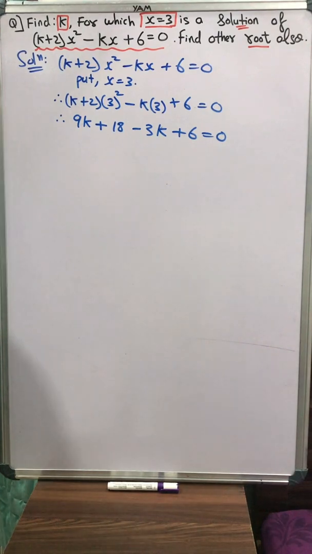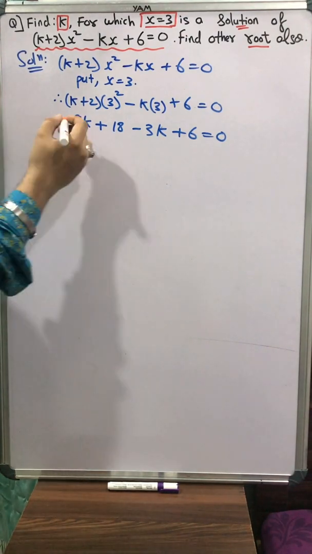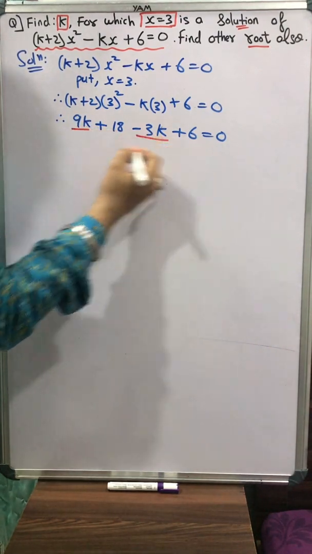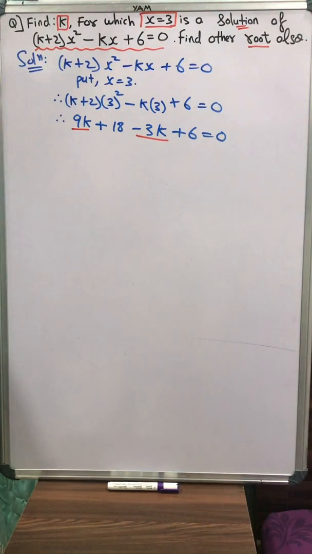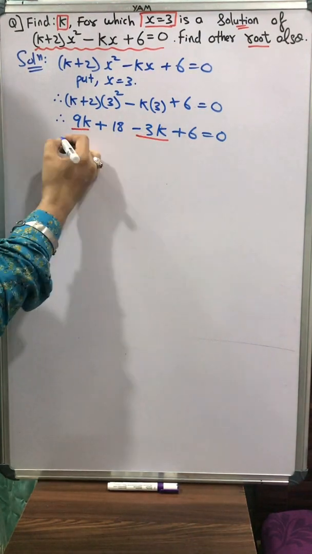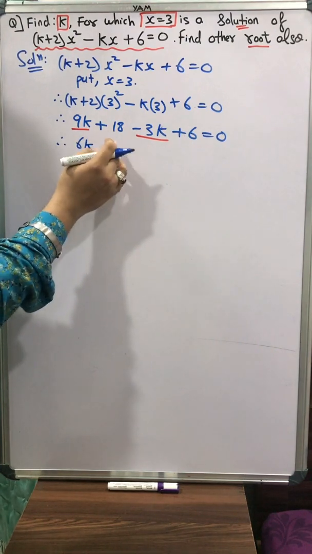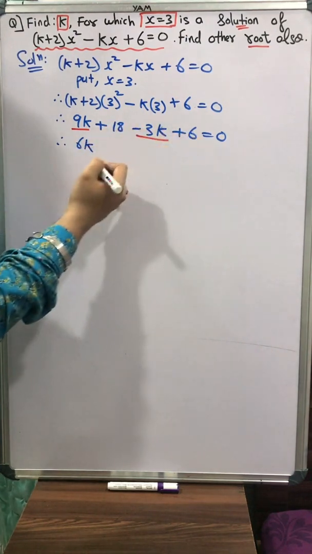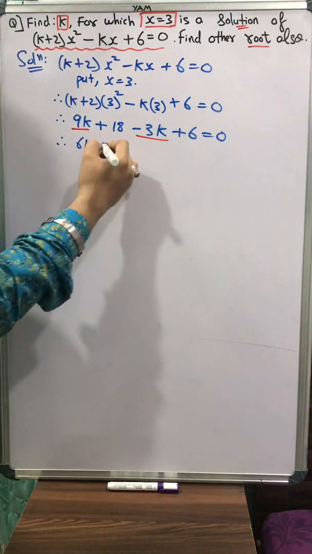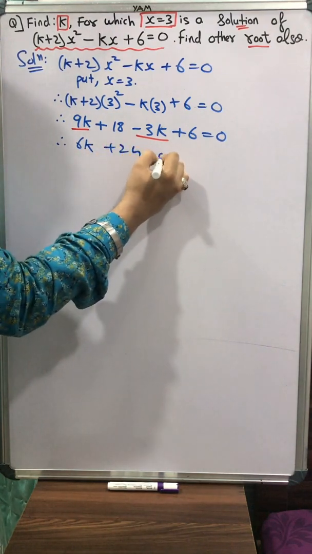How many terms, students, can you see with k? Here it's 9k and here it's minus 3k. So 9k minus 3k becomes plus 6k. And over here 18 plus 6 comes to 24. So plus 24 is equal to 0.